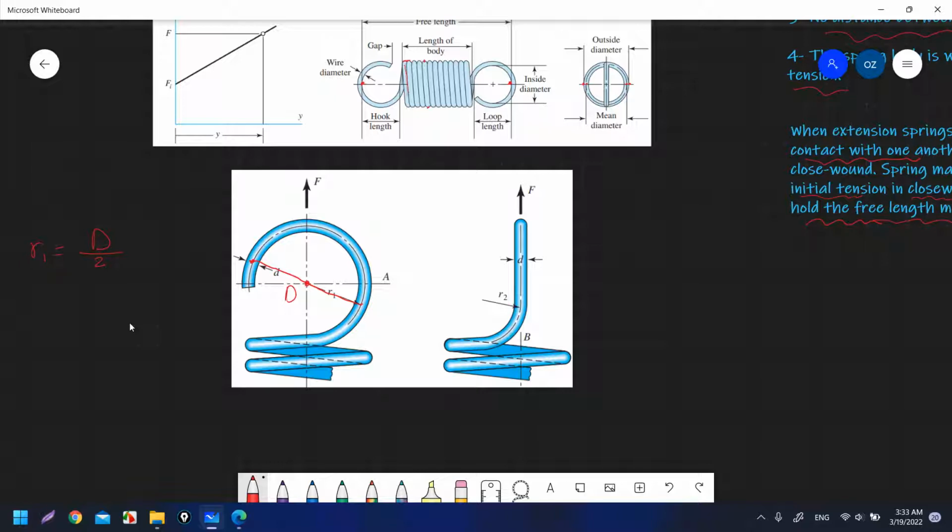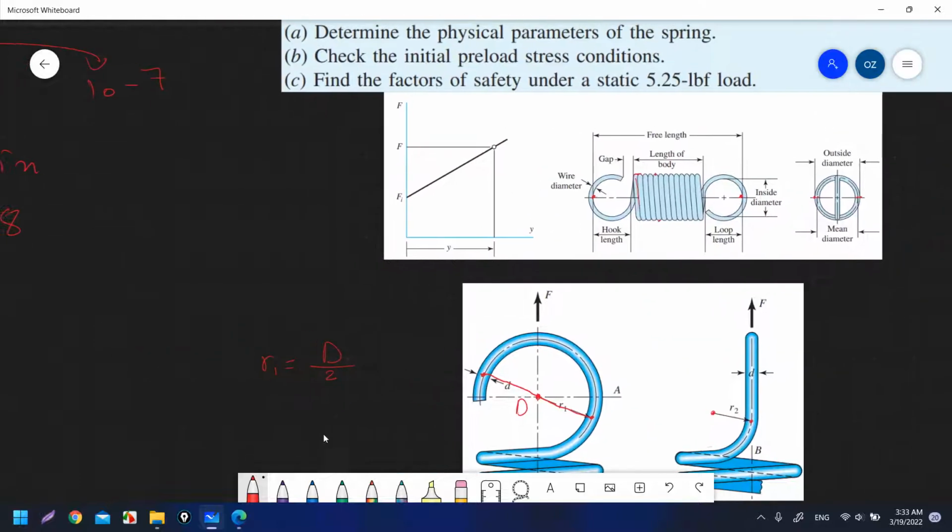It is from the center of the hook circle to the center of the wire, that is R1. R2 is the radius of this curvature here, from the center of this quarter circle to the center of the wire, that is R2.